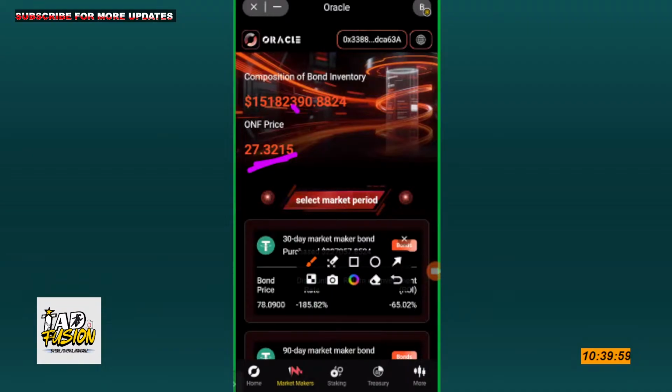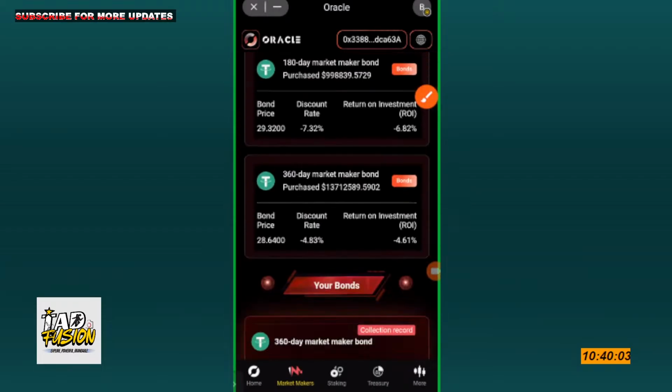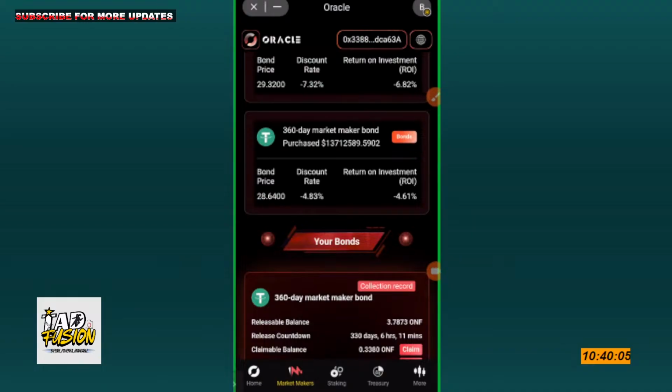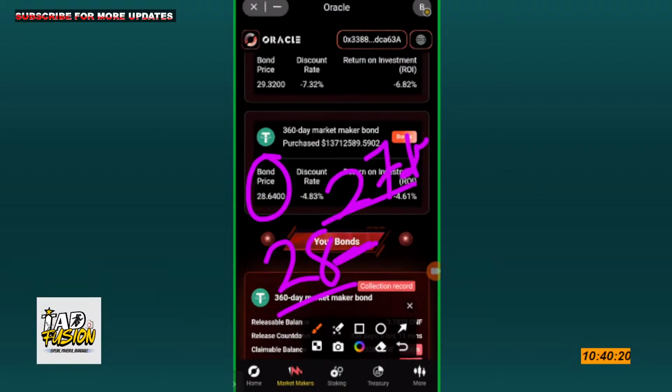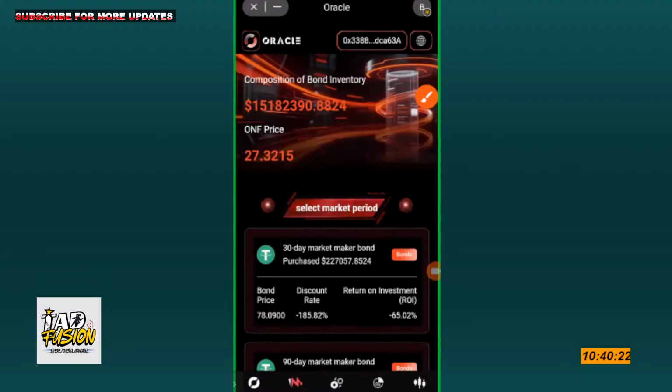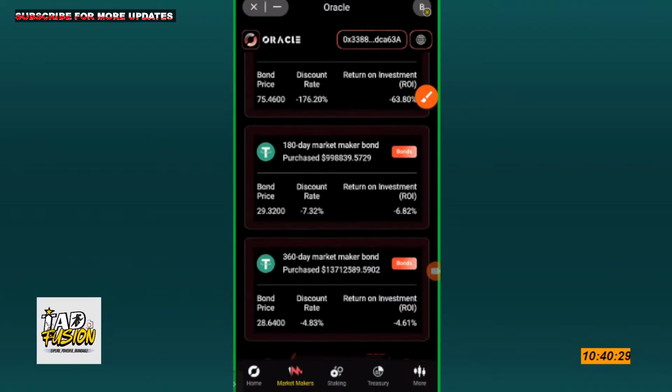So when the price of the token goes down, bonds are made expensive. You see, bond price is at $28, but the price of the coin is at $27. So whenever the price of the token goes down, these bonds are made expensive.